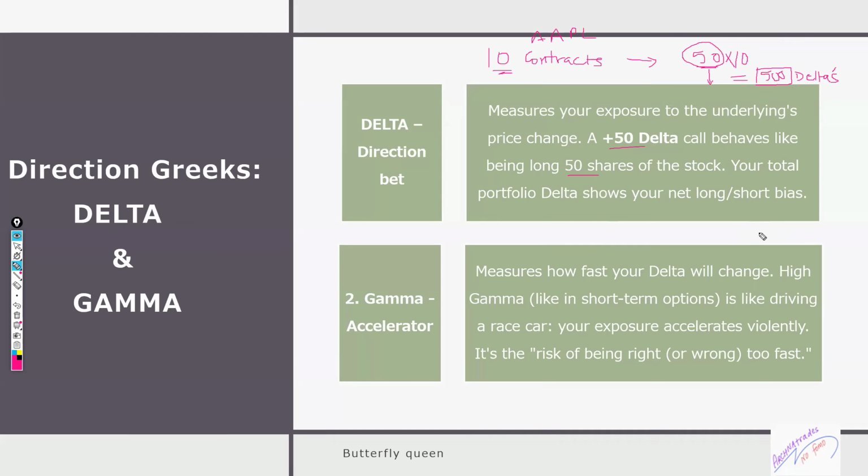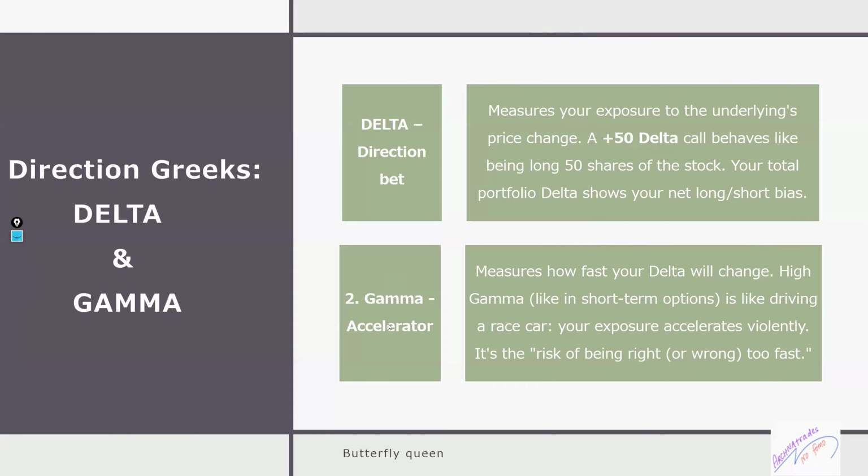If you think in those terms, you can beta weight your portfolio to see if SPX is going to have a 1% down day, how much will my portfolio be affected? Looking at your portfolio deltas will tell you how long you are, and that is important.